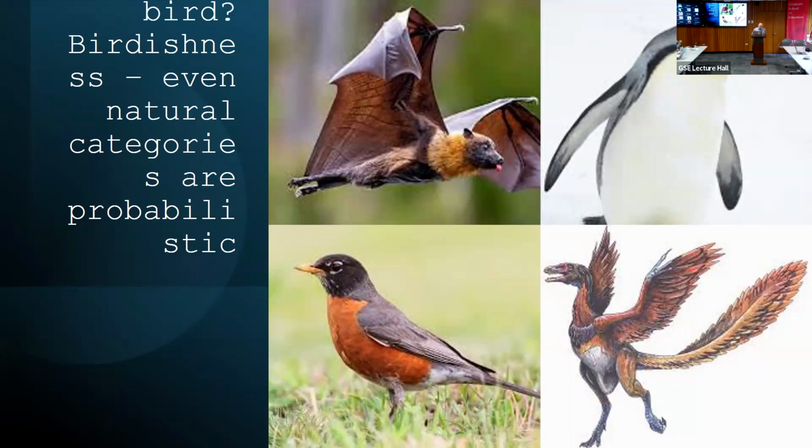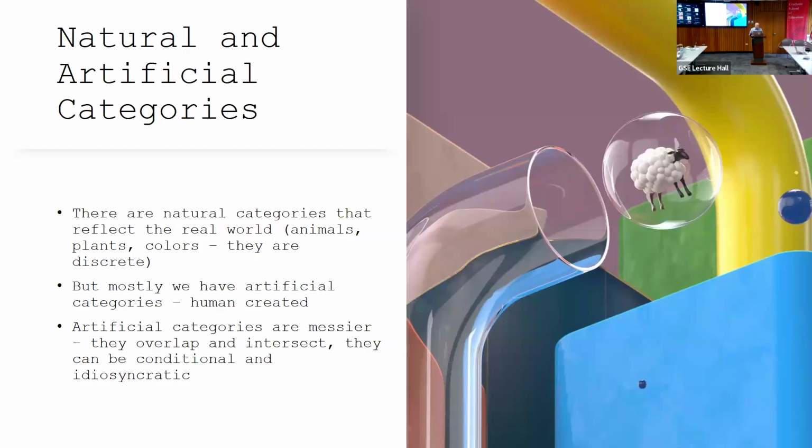So we see these kinds of differences even in what we call natural categories. And these natural categories are categories that reflect the real world. We have animals, plants, colors. They're discrete, and if they're one thing, they're not the other thing.